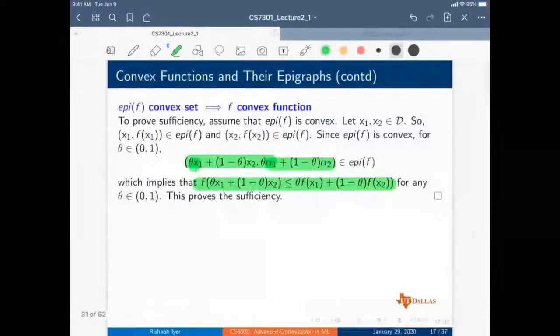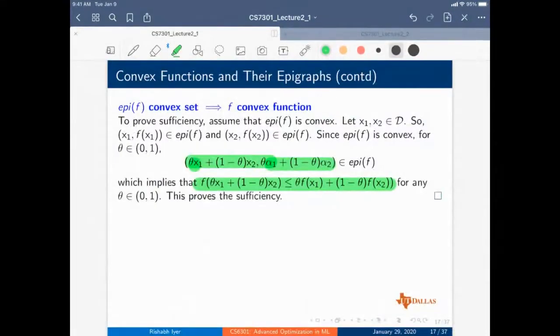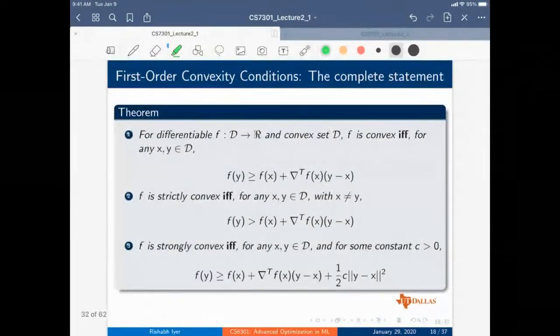And this in fact proves convexity, right? So the other case is in fact even easier to show. Okay, so any questions until now? So far we have looked at some properties of convex functions, and then we looked at this connection between convex functions and convex sets.